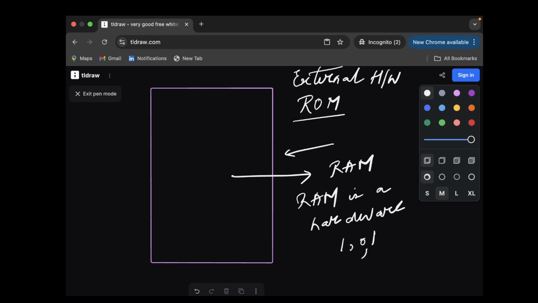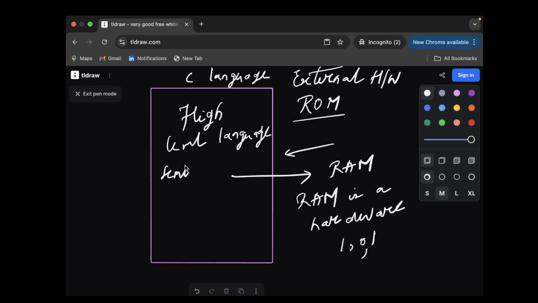But when we write our C language, it is written in a high level language, which is similar to English, right?